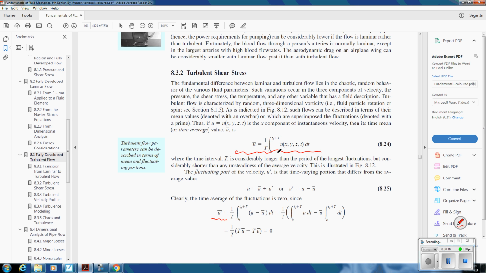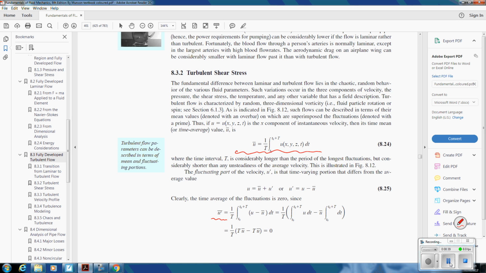We say the fluctuation is, if we take any single point, any velocity point, the axial velocity here we're talking about, the difference between that real velocity and the mean velocity gives us this fluctuation term, which is always non-zero here, right?